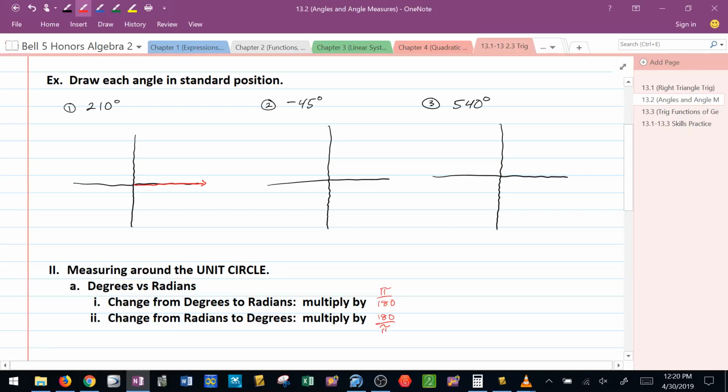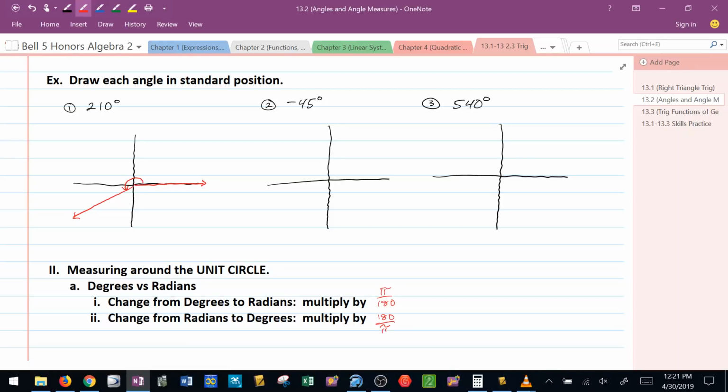Again, I need more than that. I specifically need about 30 more degrees beyond 180. And the way I can indicate that this is a 210-degree angle is I show a little arrow curve, if you will, that shows where I started and where I end up, the terminal side.